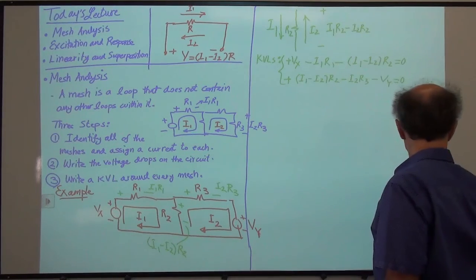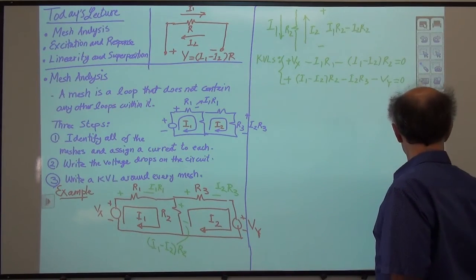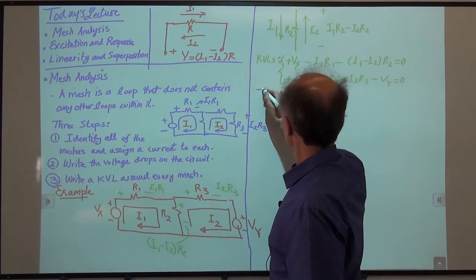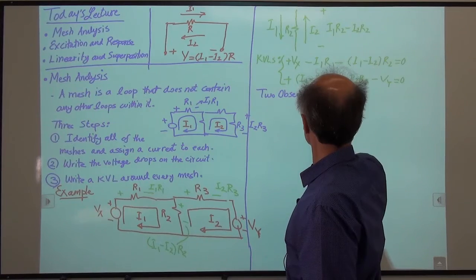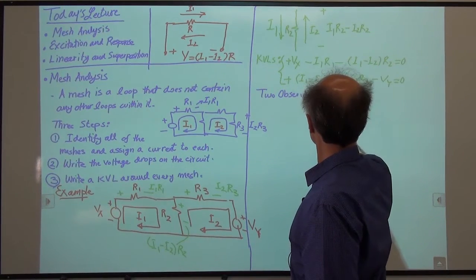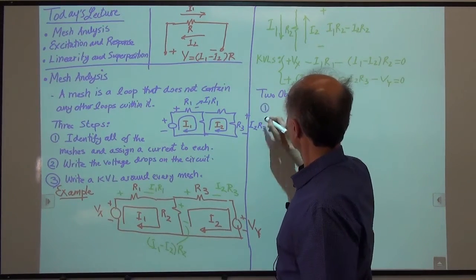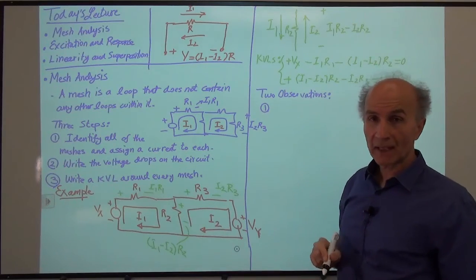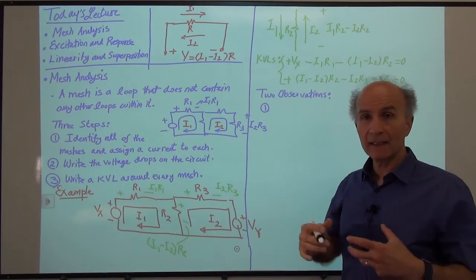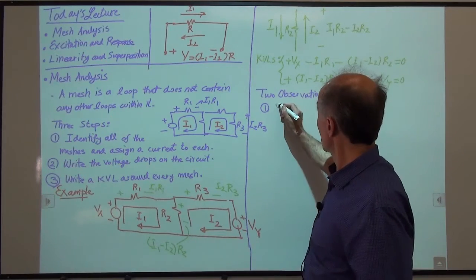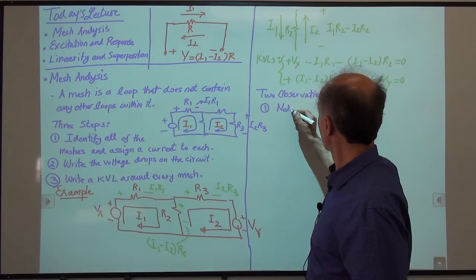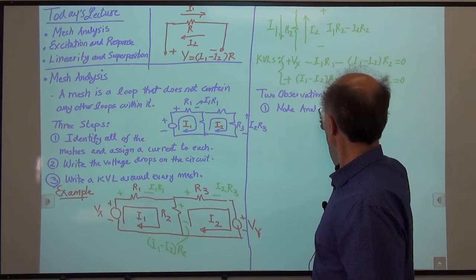So let's change the color here. Two observations. Number 1, node analysis is KCL centric, meaning that it relies on KCLs, right?